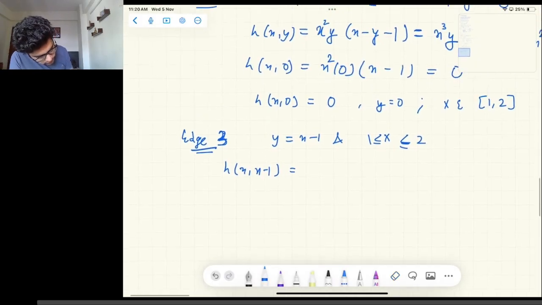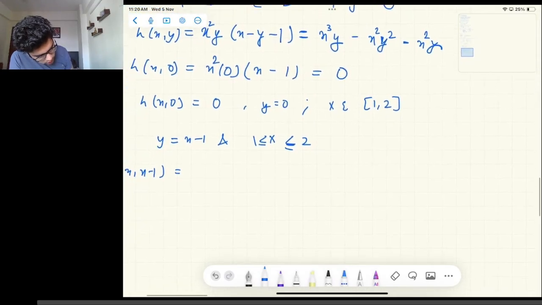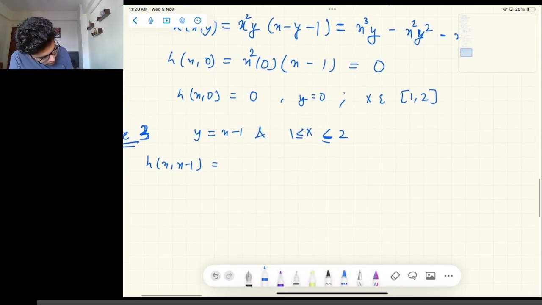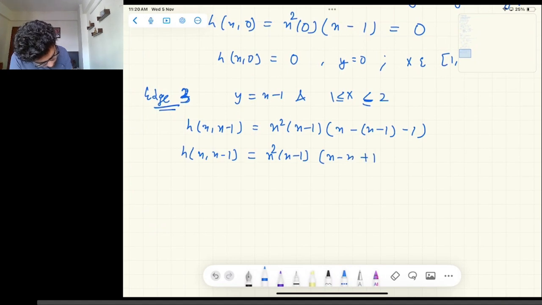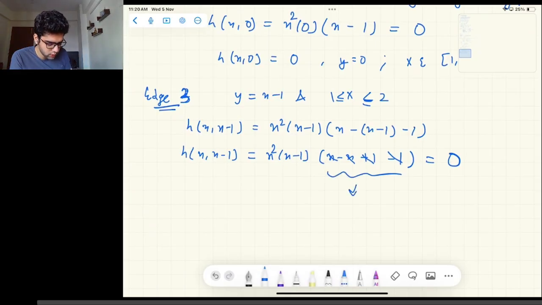If I substitute the value of x minus 1 here in place of y, I get x square into x minus 1 into x minus 1 minus 1. So basically this also becomes 0. h(x, x minus 1) will give me x square into x minus 1 into x minus x plus 1 minus 1. So this will be cut, and this also becomes 0 because this whole term will become 0, right?